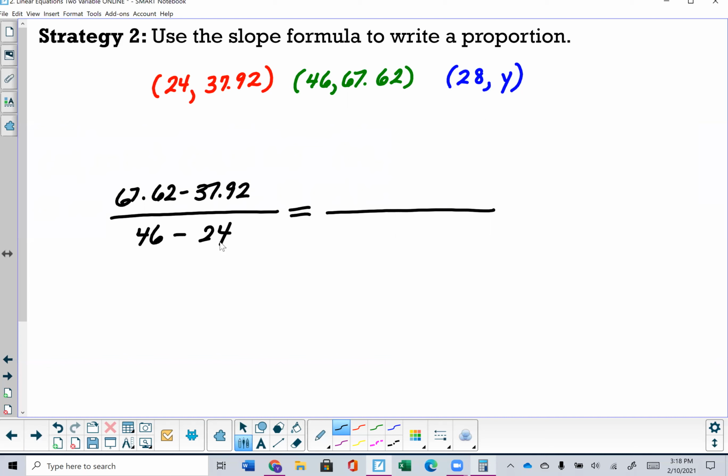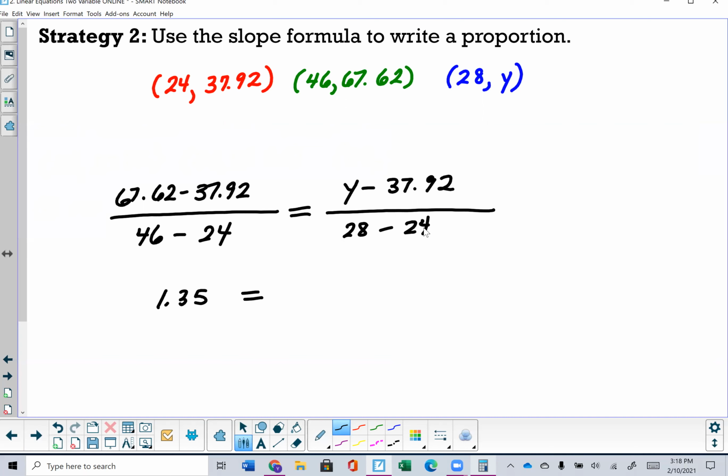We already know that equals 1.35. So let's do the right side. I'm going to use the first and the third point. Sorry about that. y minus 37.92 and then 28 minus 24.